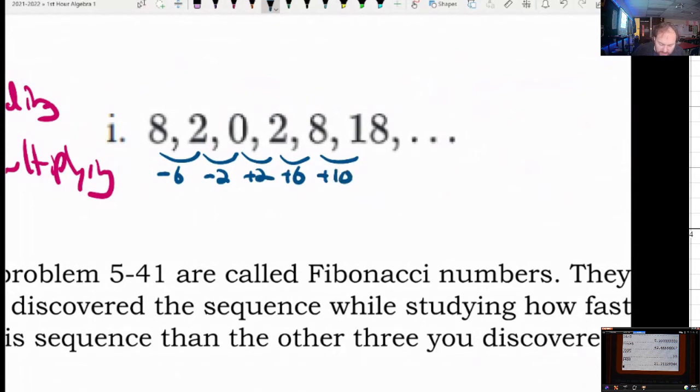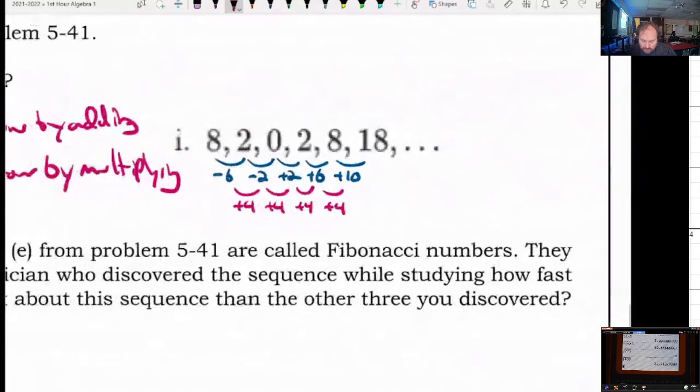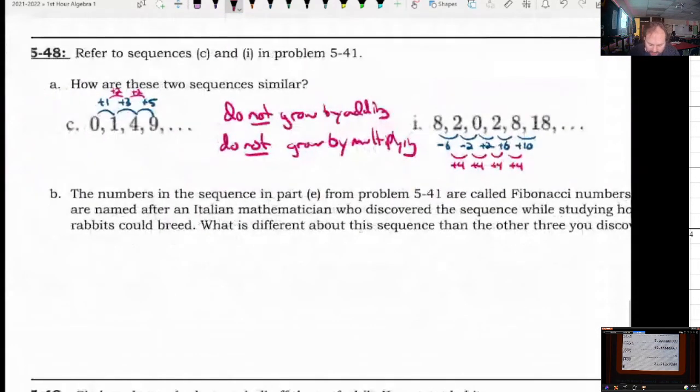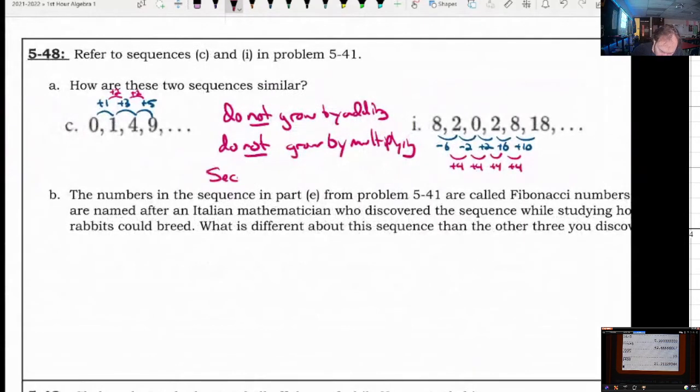And that doesn't look like anything at first, but if you go one more layer down, these are all going up by 4. So there is this second level of growth going on here. You might have something about that. The second level increases constantly.